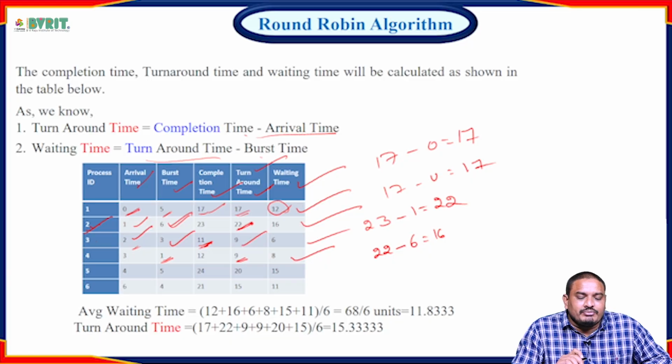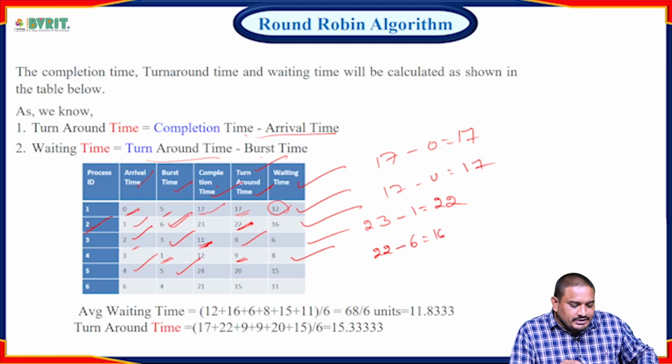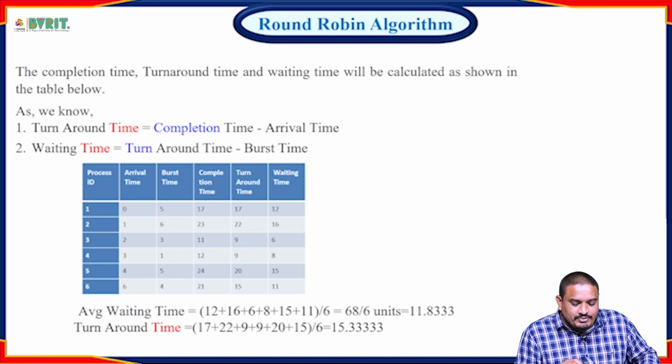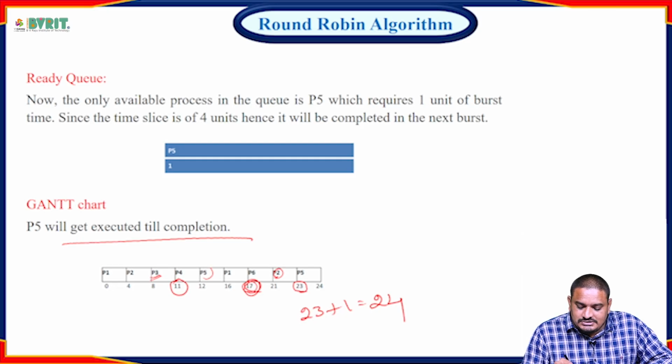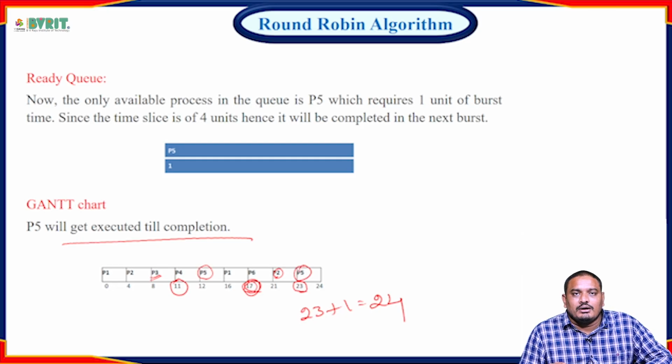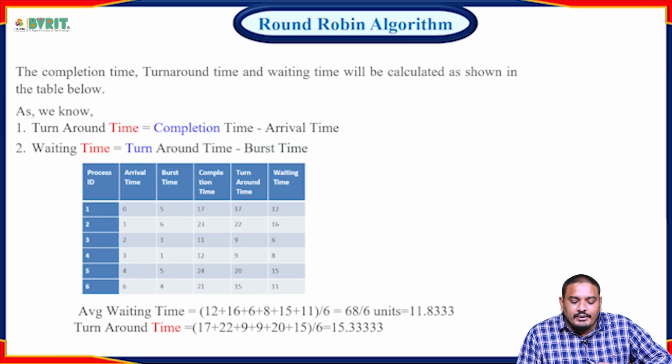Now coming to the P5 process, arrival time and burst time are already given in the problem statement. We can calculate the completion time, turnaround time and waiting time. See this P5 process here. The P5 process is completed at 16 units, and the remaining time is also executed. The P5 process is completed at 24 units. That is the P5 process completion time.